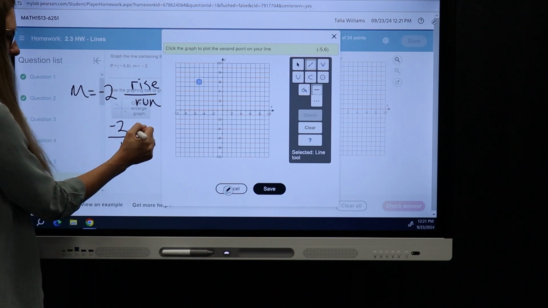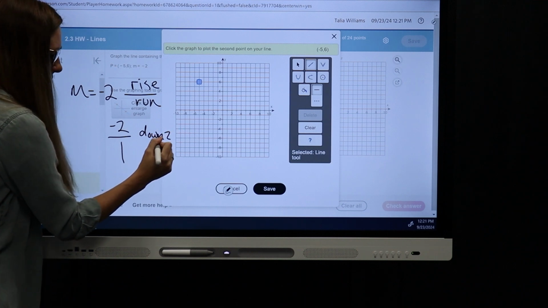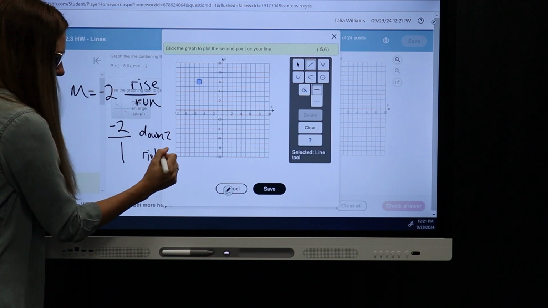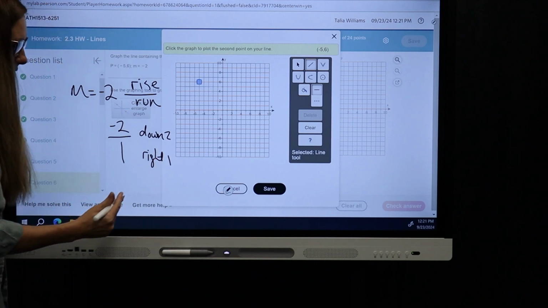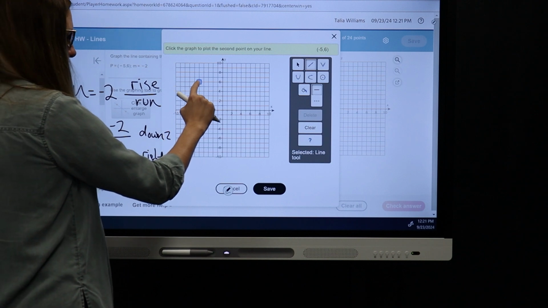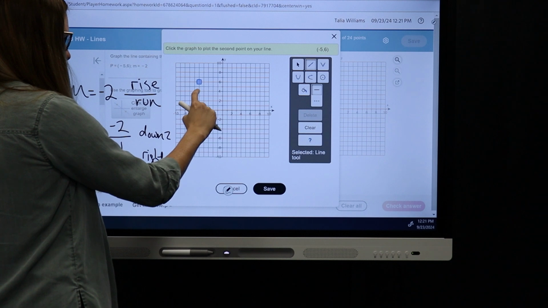So this one's negative, so we're going to go down 2 and always go right. If you go left, then you're going to end up messing up the negative you already have. So let the negative tell you up or down and always go right. So we're going to go down 2 from our point that we just graphed, -5, 6, down 2, right 1.